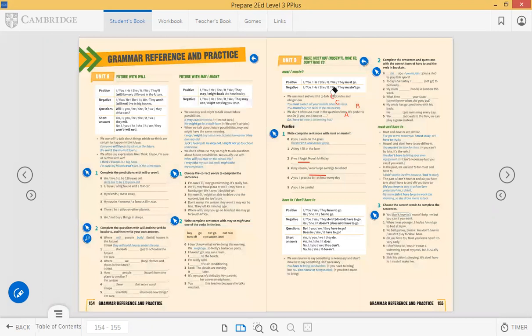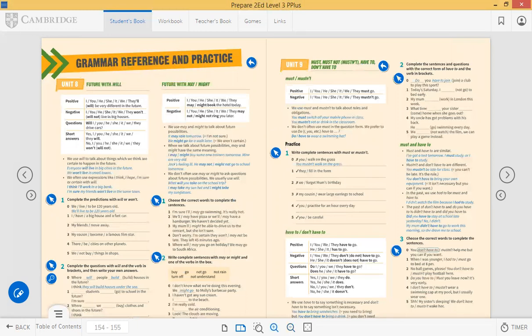Here we are, page 155. The first part is all the grammar. Well, you have the grammar in your notebook. You know how to use must and mustn't, and have to and don't have to. All right, so let's go to practice number 1.